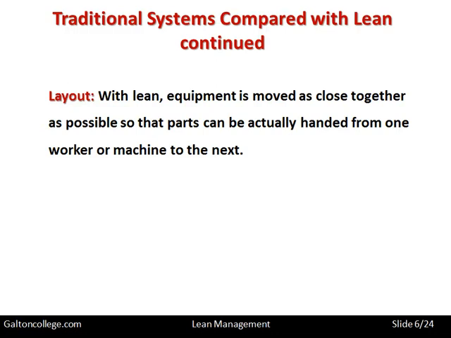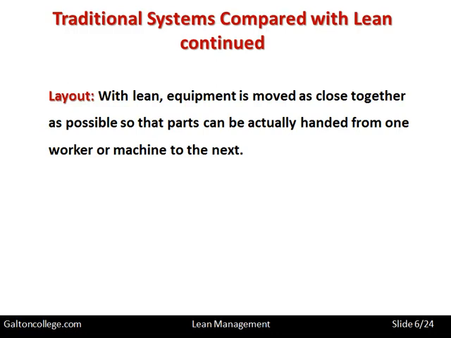Now, with layout, with lean management, equipment is moved as close together as possible so that parts can be handed from one worker or machine to the next. So the handling of the material is reduced. The layout of the plant is such that the goods being produced, starting with raw material, into a semi-processed form, right down until it gets to the end when it's completed, the handling that takes place is reduced.